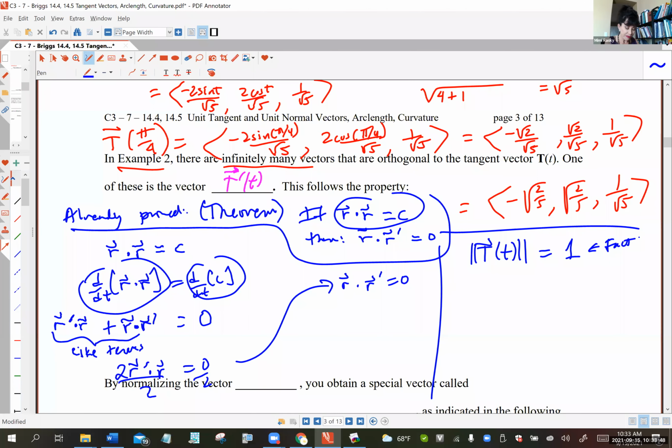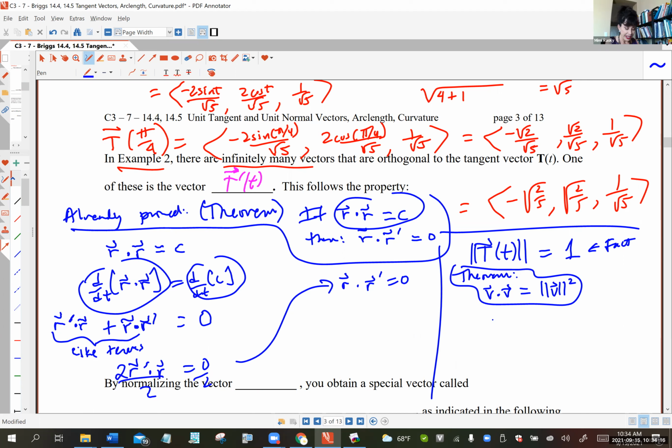Okay, fine. And then we also learned from a previous theorem, and I also proved this, that if you take the dot product of a vector with itself, it will give you the same thing as the magnitude squared. Do you recall this wonderful theorem from, I don't know, 2 weeks ago? Okay, so we're going to use that theorem in a moment too.